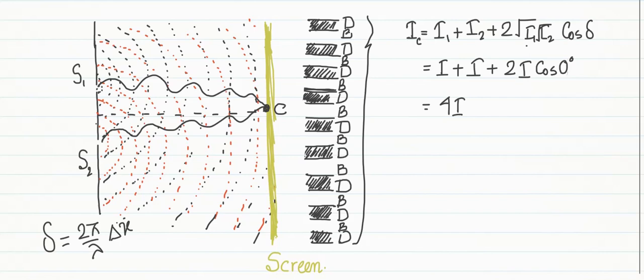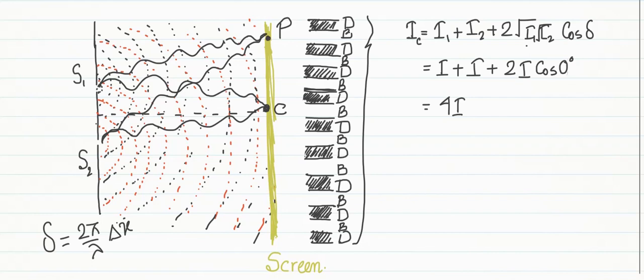Next, at any point capital P, let us consider the particular point on which the waves are superposing. Just try to understand that the path covered by the wave starting from S1 and the path covered by the wave starting from S2 that superposes on the point P are different.